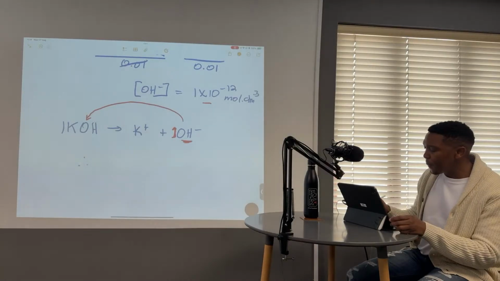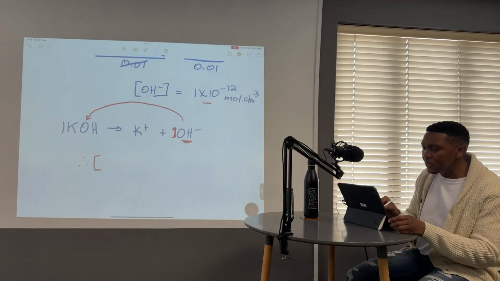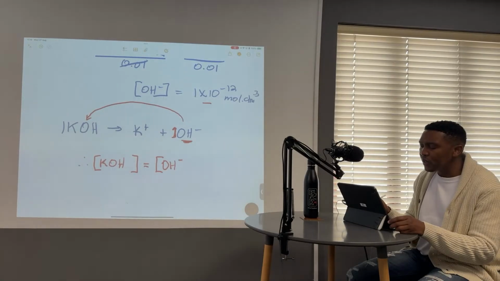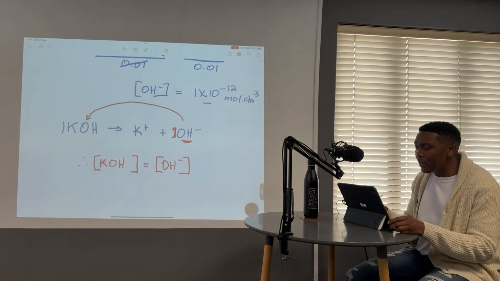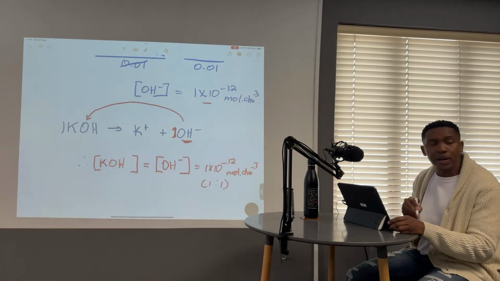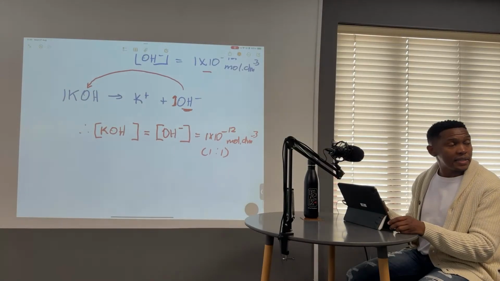So therefore, I can say the concentration of potassium hydroxide will be equal to the concentration of hydroxide ions, which is 1 times 10 to the power minus 12. Why? Because it is a 1-to-1 ratio. Are we together, guys?